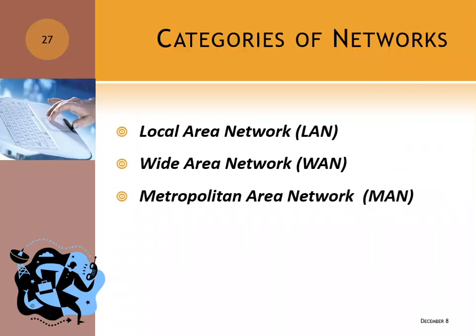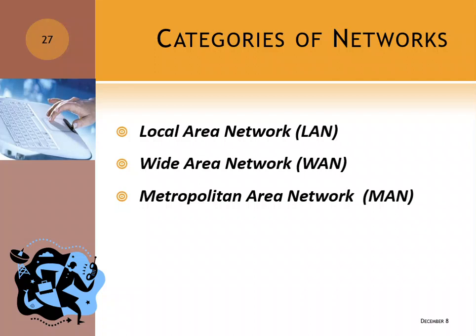Okay. Next, we're going to move to the categories of networks. Okay. So last time we have seen the types of data flow: simplex, half duplex, and full duplex. And then we have seen types of connection, multi-point, point-to-point, and this type of connection is further explained by the topologies. Okay, mesh, star, bus, ring.